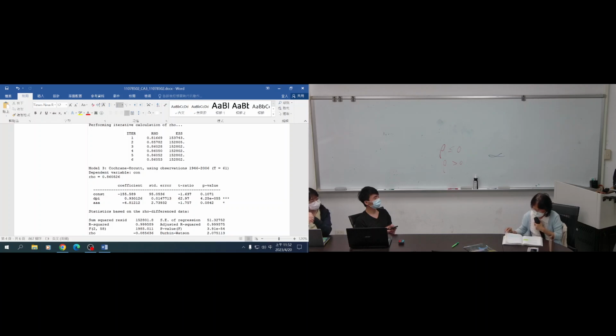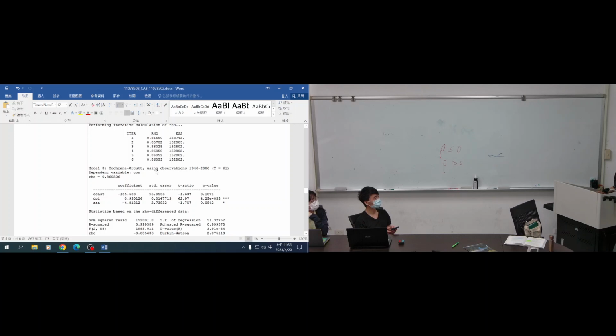Did the book say something about this test? No, they didn't say that, but the authors recommend Prais-Winsten, and EViews does it that way too. And this one is also a famous way. This one is the default in Gretl.